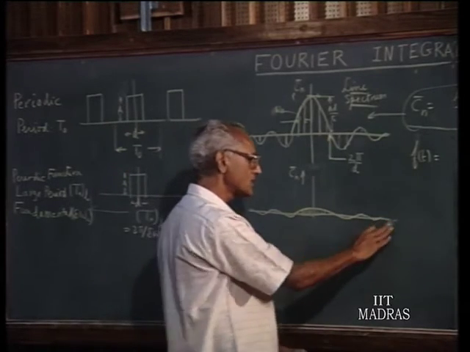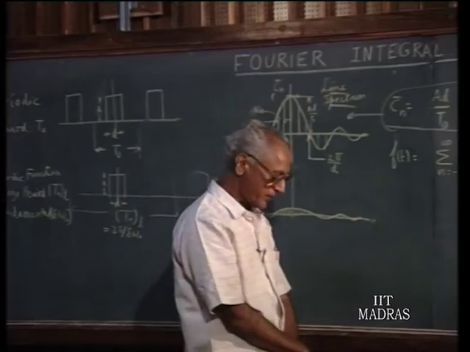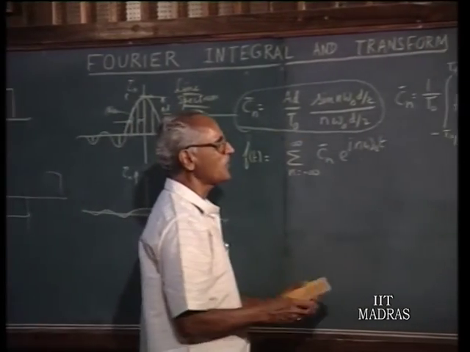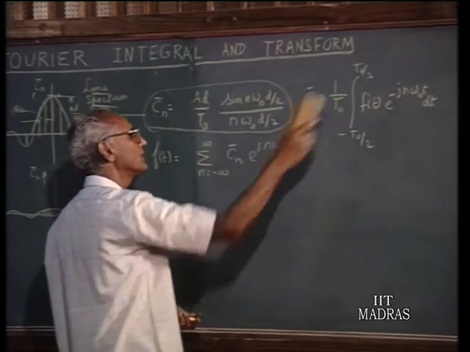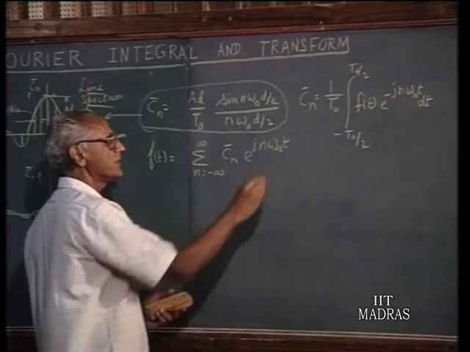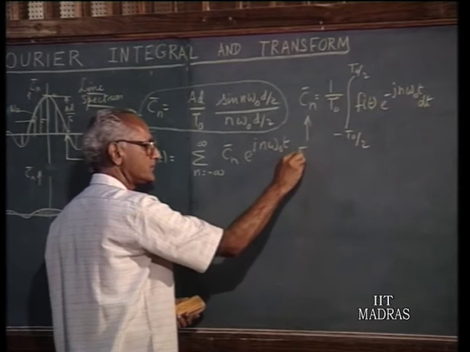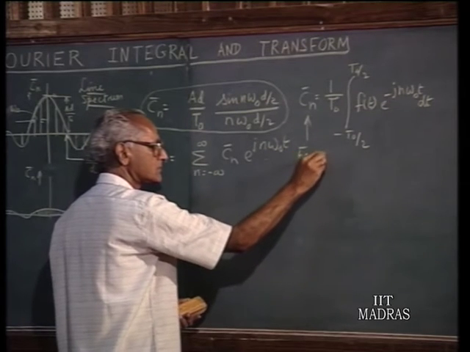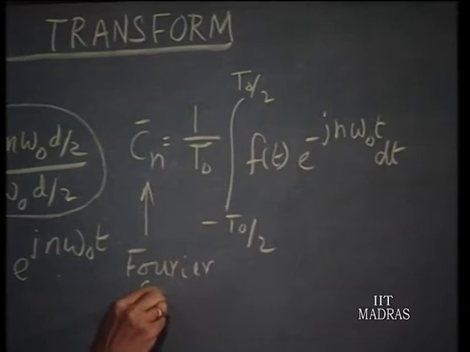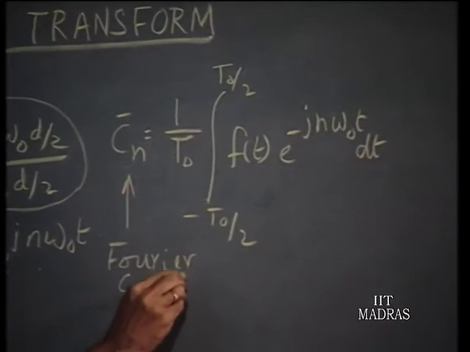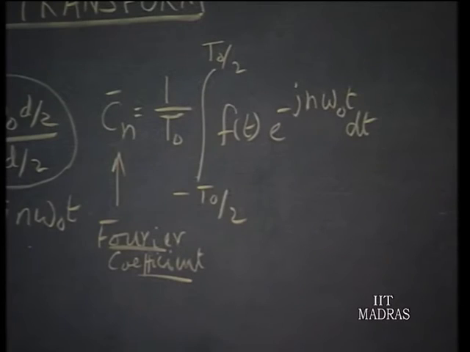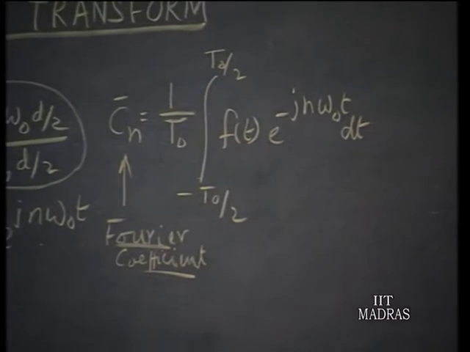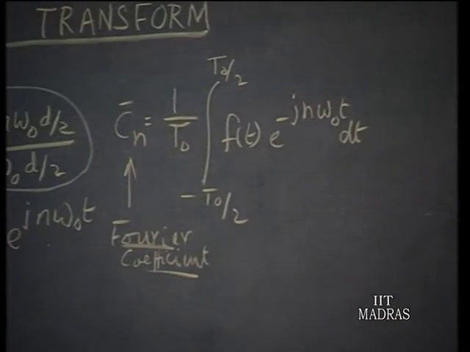So, to do this, instead of C n, after all the whole problem here has come because C n has 1 over T naught in it. C n is the Fourier coefficient. It represents to us the amplitude in a sort of fashion of the e to the power of j n omega naught t term.